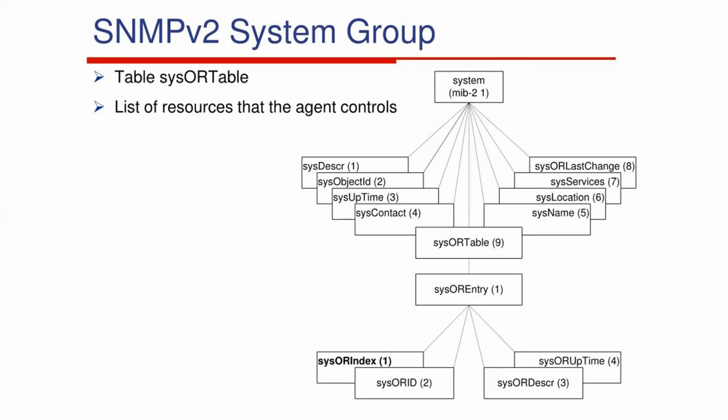Right? The diagram shows the MIB tree for the system group in version 2. The sysORLastChange entity and the sysORTable have been added to the set of objects in the system group.